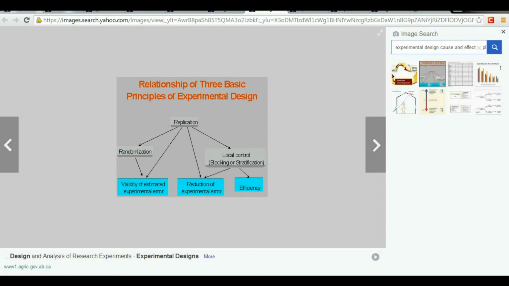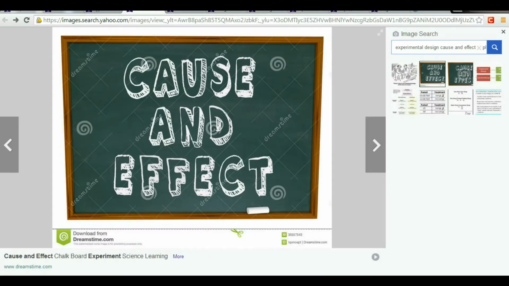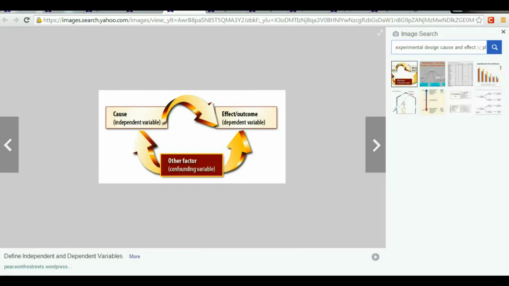On the bottom left you see randomization, and the whole key to randomization comes back to this slide right here, those other factors. When we assign people to treatments, people come in with a myriad of other factors, be it age, gender, background, genetics.